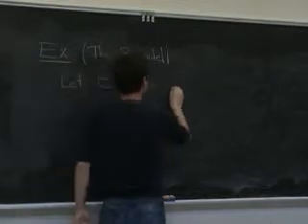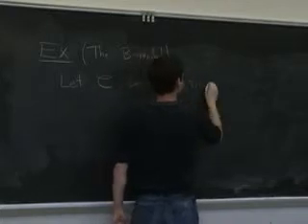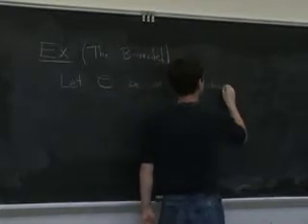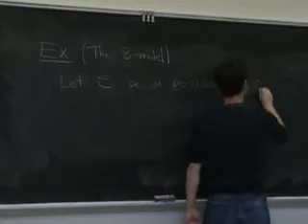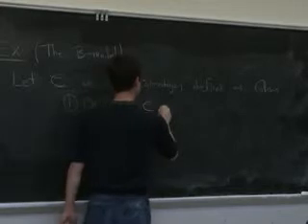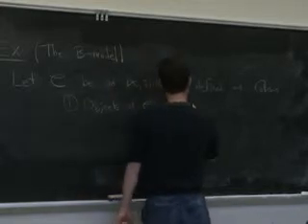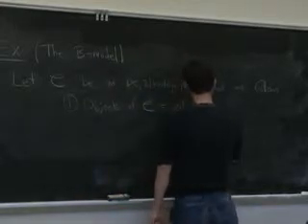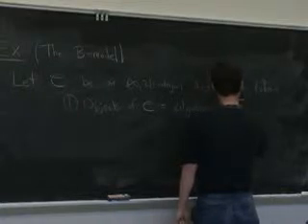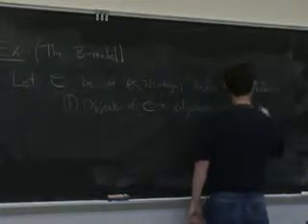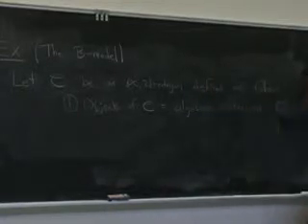Let C be an infinity 2 category, defined as follows. The objects of C are going to be algebraic varieties over the complex numbers.